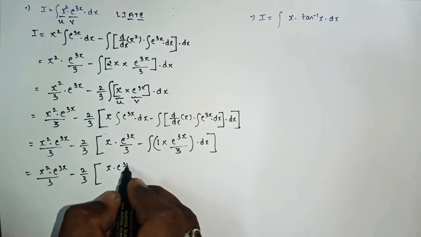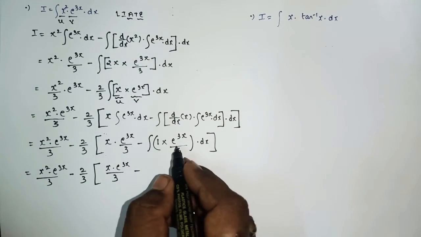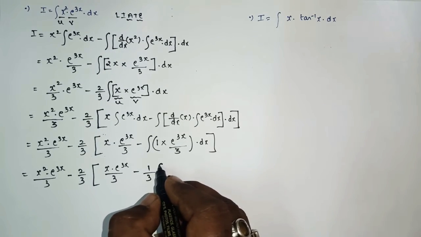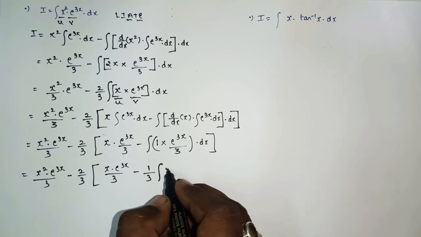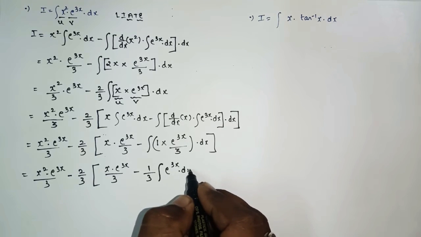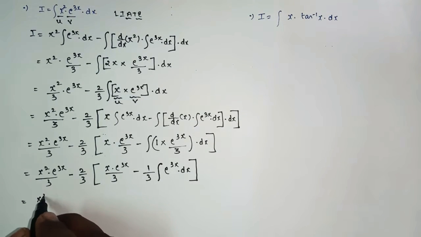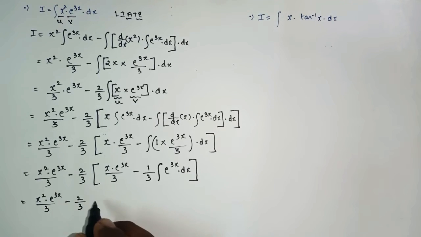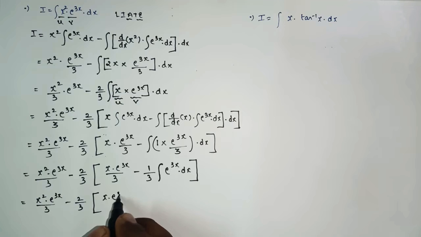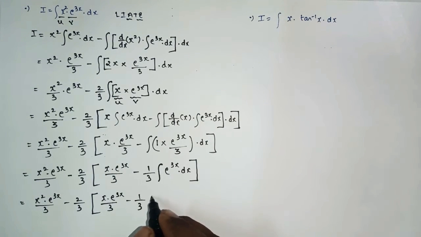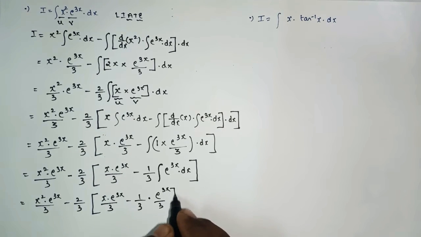x into e raised to 3x upon 3 minus 1 into, as clearly we can see that 1 upon 3 is a number, we will bring it outside the integral, and we'll write e raised to 3x into dx, bracket close. Further, x square into e raised to 3x upon 3 minus 2 by 3 x into e raised to 3x upon 3, we'll keep this minus 1 by 3 as it is, and integration of e raised to 3x is e raised to 3x upon 3.